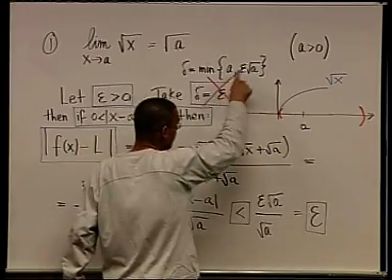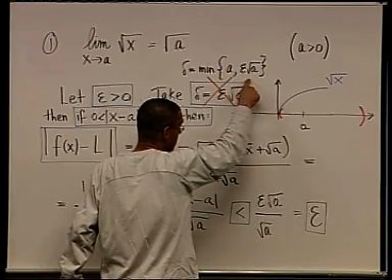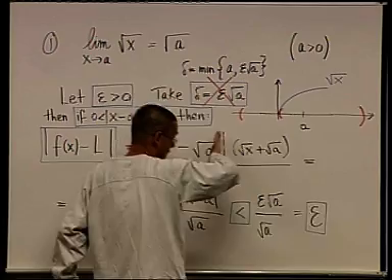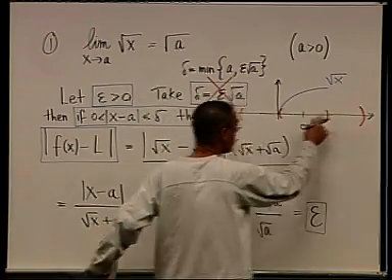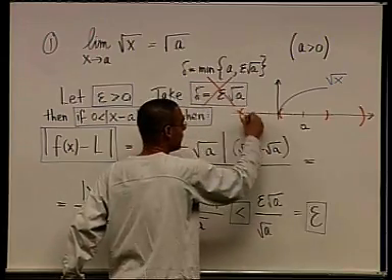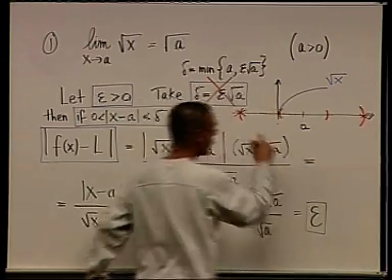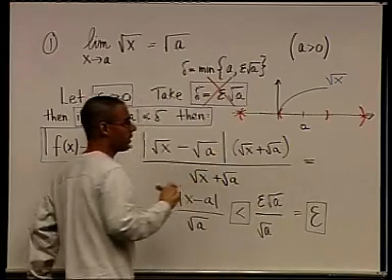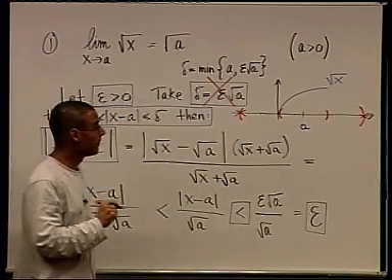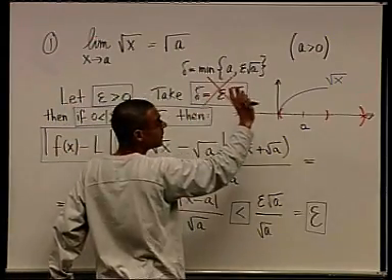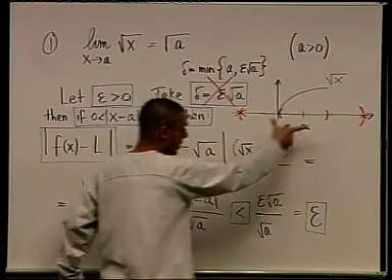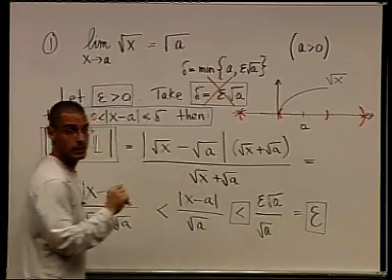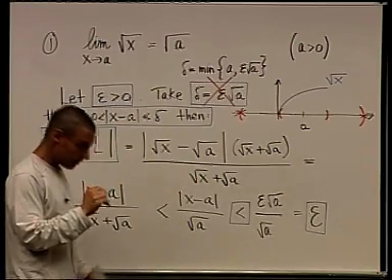If a is less than epsilon root a, which is if epsilon root a was too big, and you want to make delta smaller in order not to go out to the illegal area where f is not defined, then just take a. It's still going to be smaller than this, so this inequality will still hold, but you know you're safe. Okay?